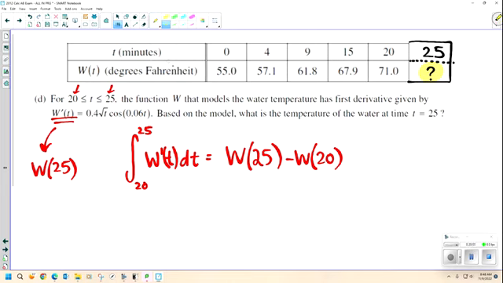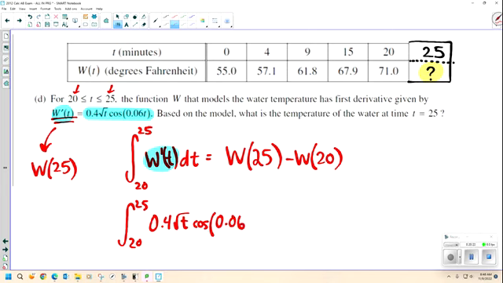W prime is this equation here, so let's put that in. We're going to do the integration from 20 to 25 of 0.4 square root of t times the cosine of 0.06 t dt.